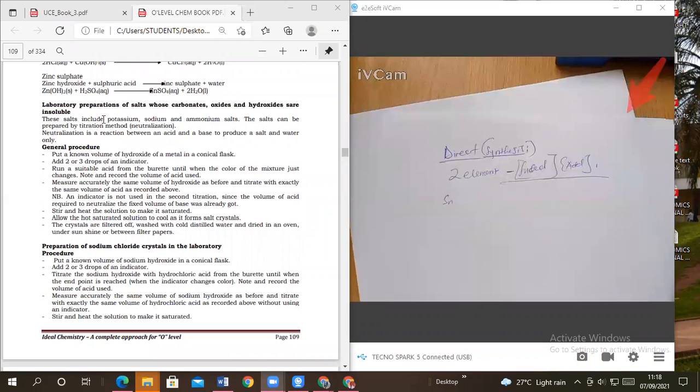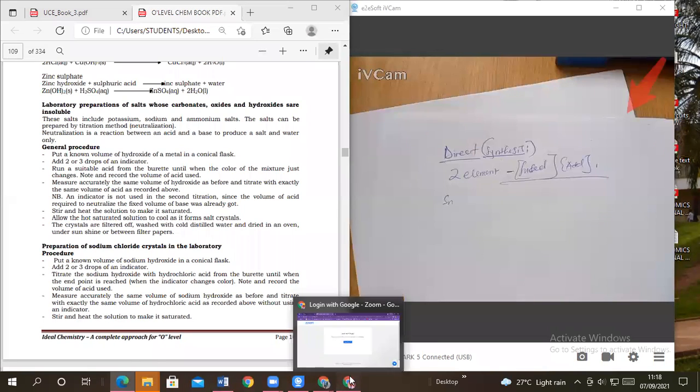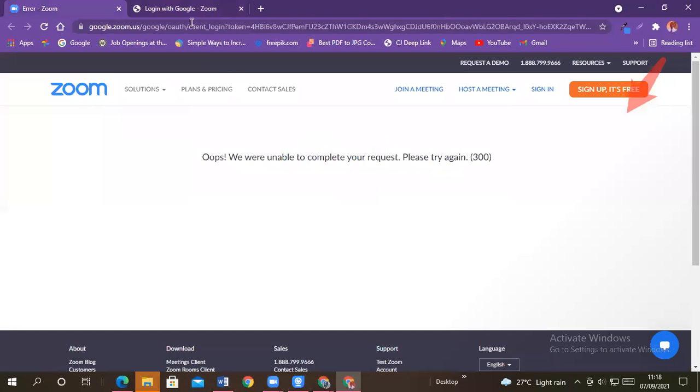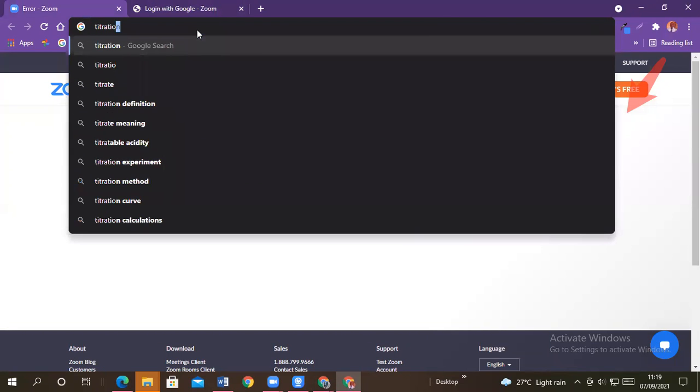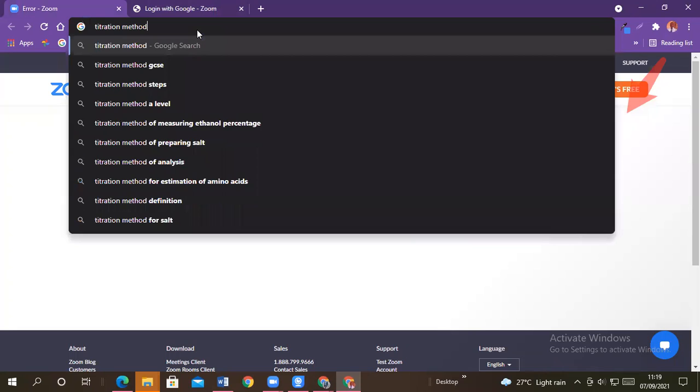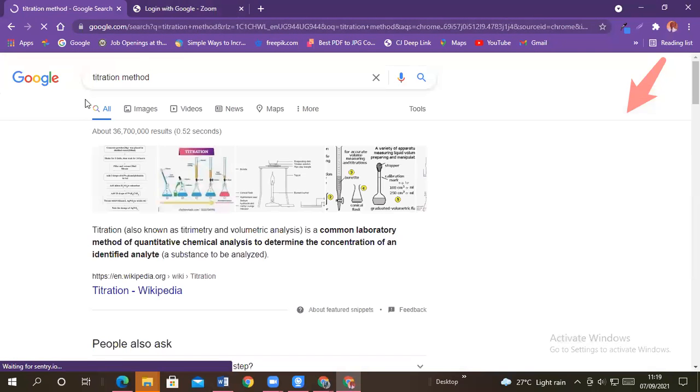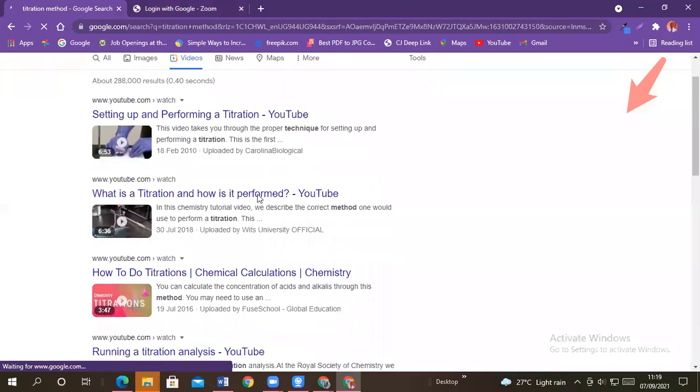Now, these salts that include potassium, sodium, and ammonium salts can be prepared by the titration method. If you ask Mr. Google, sir, he will show you how to come up with the titration method, and he will get us the equipment we use for titrating.